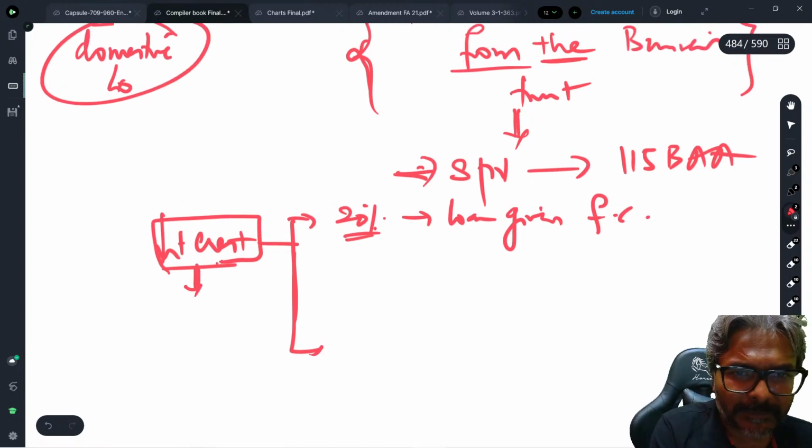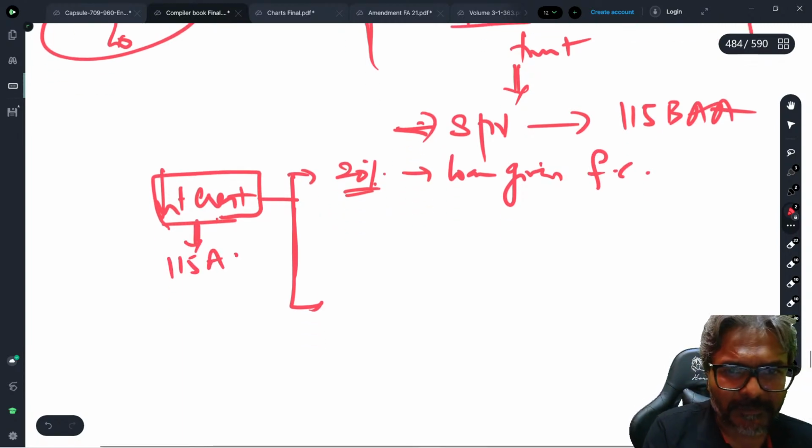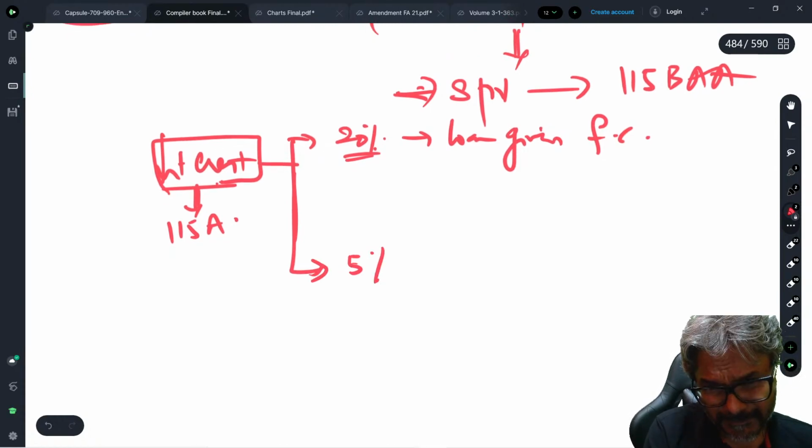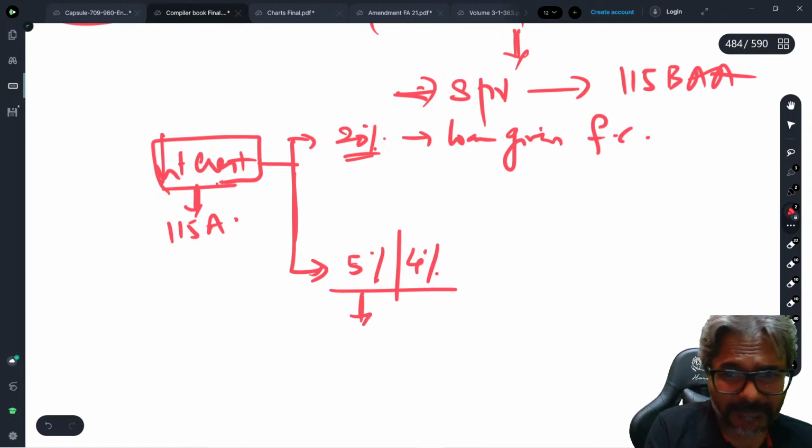Again, I'm talking about 115A, students. Now, apart from that, we have got 5% rate and 4% rate also in 115A.